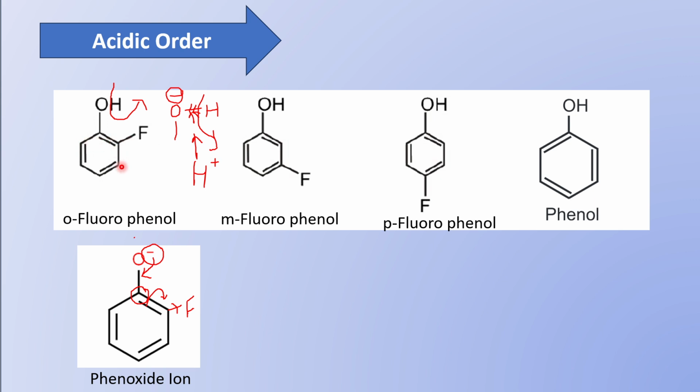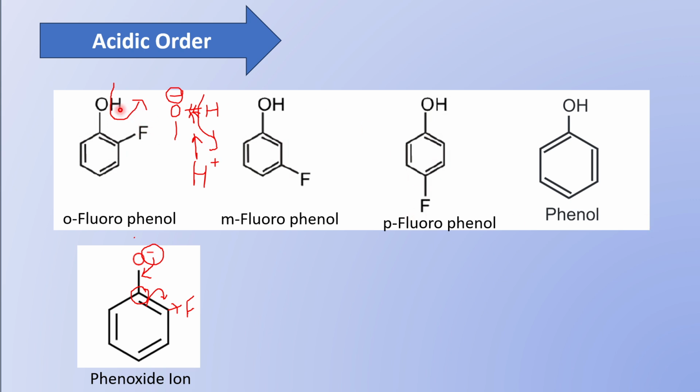The second positions from this side and from this side will be called meta positions, and this one, the far away position from the first carbon, is called the para position. That's how the names are written: orthofluorophenol, metafluorophenol, parafluorophenol, and just phenol over here.